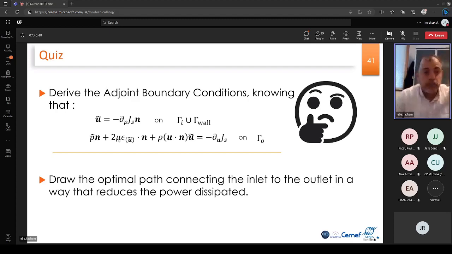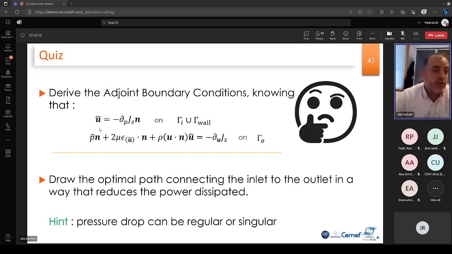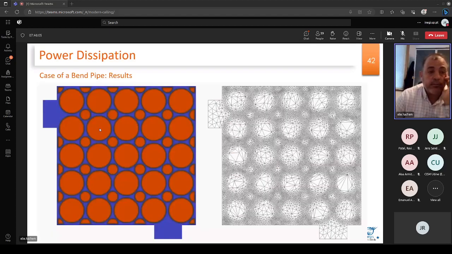The objective is to draw the optimal path that connects the inlet to the outlet and reduce the dissipation power, or the pressure dissipation. So we can have a pressure drop that can be regular or singular. Look at the test case. This is my initial shape. I'm helping it just to not miss a region, but we can change this.